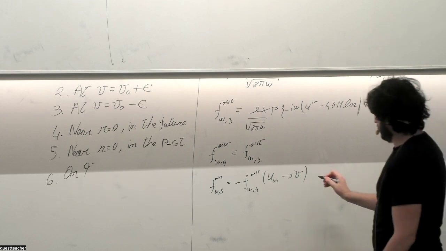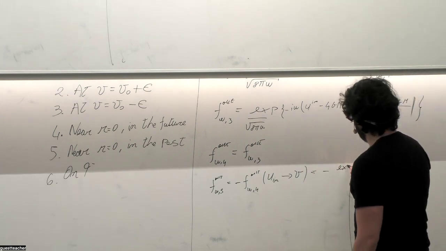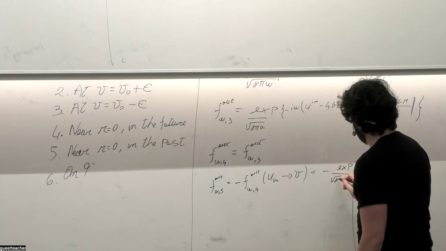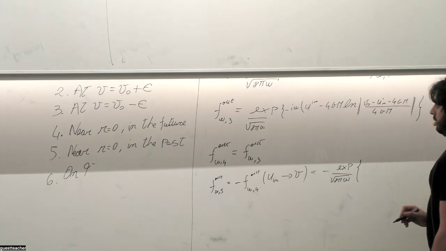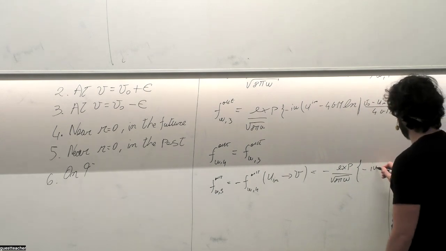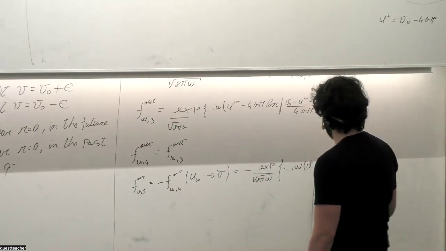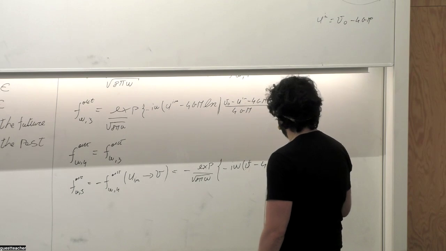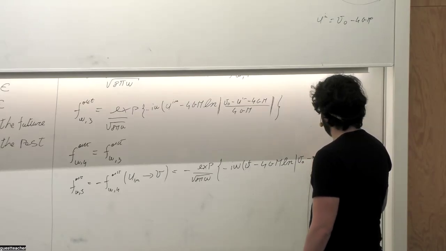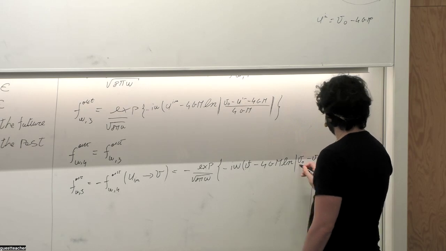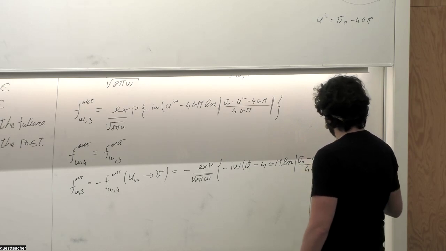And we can write it down. So it's equal to minus e to the minus i omega v, this was in, minus 4GM logarithm of v naught minus v minus 4GM divided by 4GM.